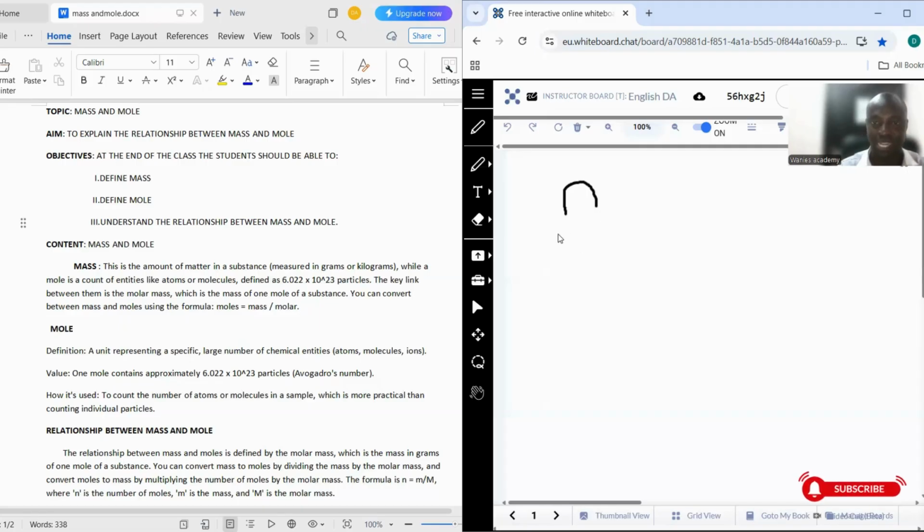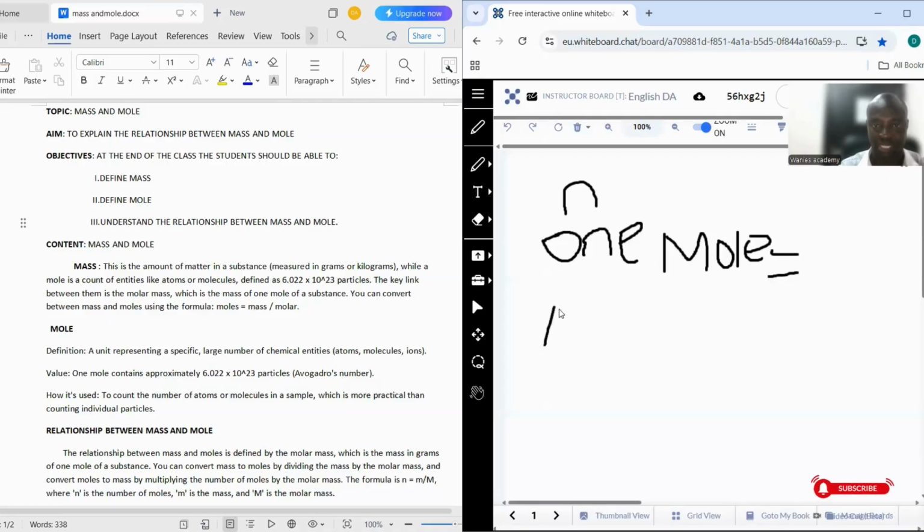We can put that in writing by saying 1 mole of a substance is equal to a constant that we call the Avogadro's constant, from the name of an Italian chemist called Avogadro. So 1 mole is equal to the Avogadro's constant.